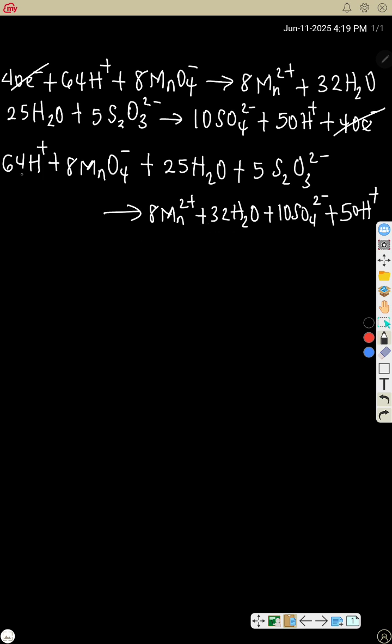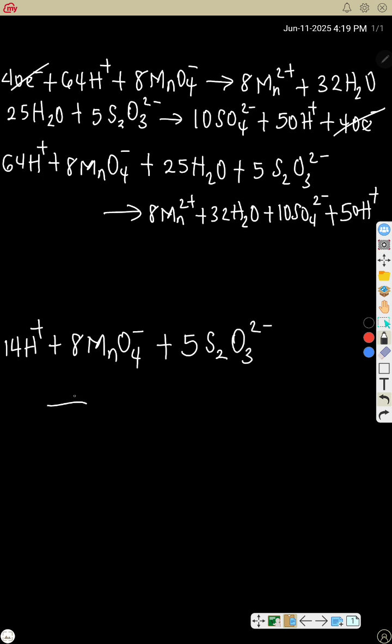So again, we have 64H plus here. And I have 50H plus here. So I'll take this 50 to meet 64. So that I can get positive results. So 64 minus 50. Yeah, that's 14. 14H plus 8 MnO4 minus plus 5 S2O3 2 minus to give.